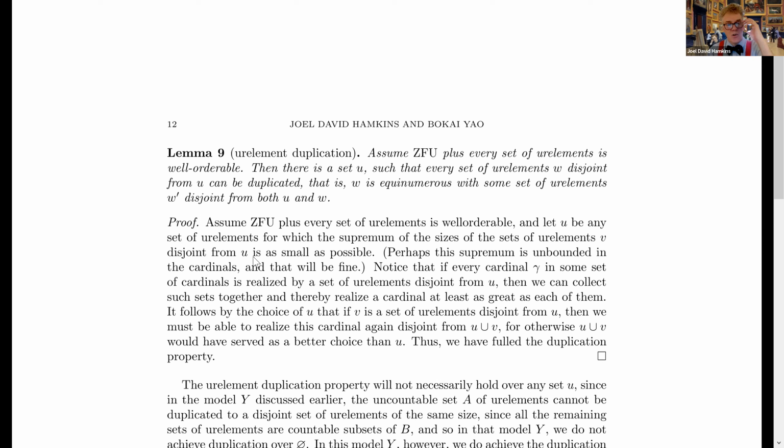You just pick a U so that the sets of atoms in the complement have as small a cardinality as possible. Then you're always able to duplicate such a set, because if you couldn't, you could make a better U. So for anything disjoint from U, you can find another one disjoint of the same size. That's duplication.